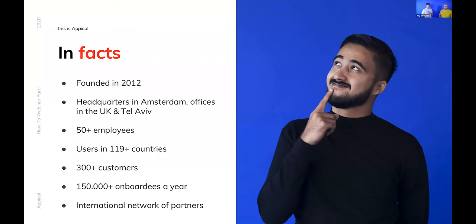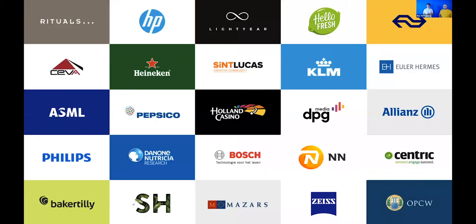As Victor mentioned, we are in the headquarters in Amsterdam right now. We also have offices in the UK and in Tel Aviv. Apical has around 50 employees. We supply over 119 customers in over 119 countries with around 150,000 onboardees a year. And we're really grateful to have a great international network of partners in a lot of different countries. Among our clients are Heineken, HP, and KLM.